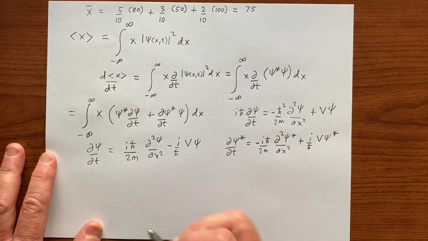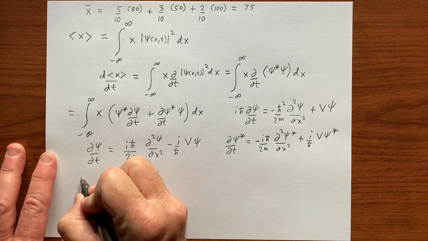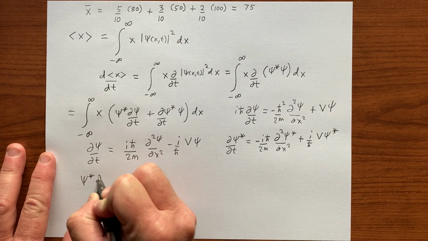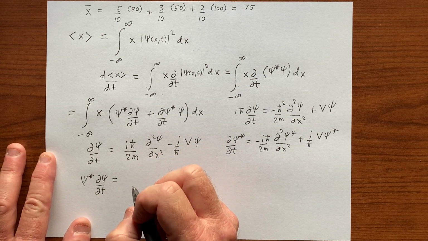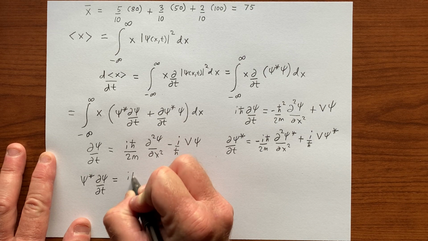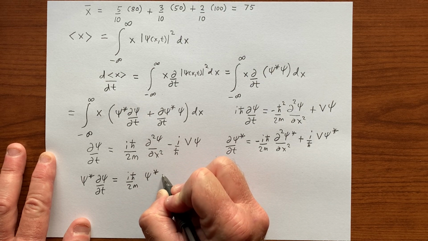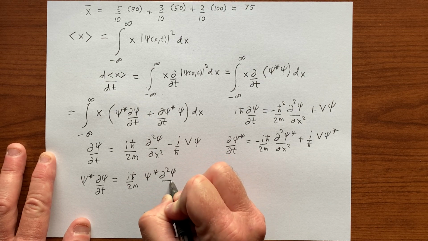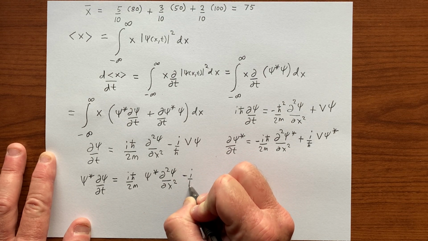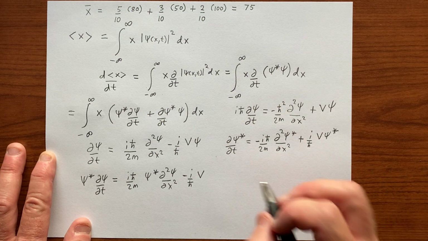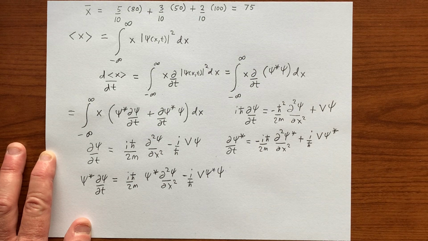And so, let's see, we're constructing psi star times d psi by dt, and in terms of x dependence, it's i h bar over 2m psi star d2 psi with respect to x minus i over h bar, the potential, psi star psi.